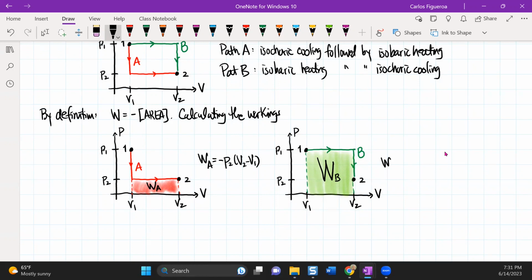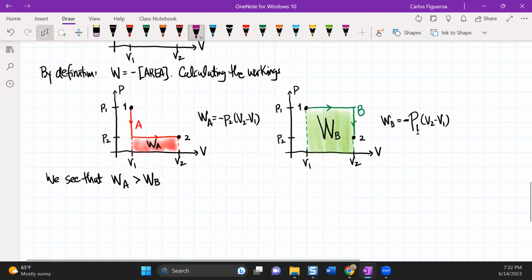When I calculate this work, here's my negative sign, and I'm going to have P1 times the change in volume. We see that the work of A is greater than the work of B. Why is that? This is less negative, and this is more negative.